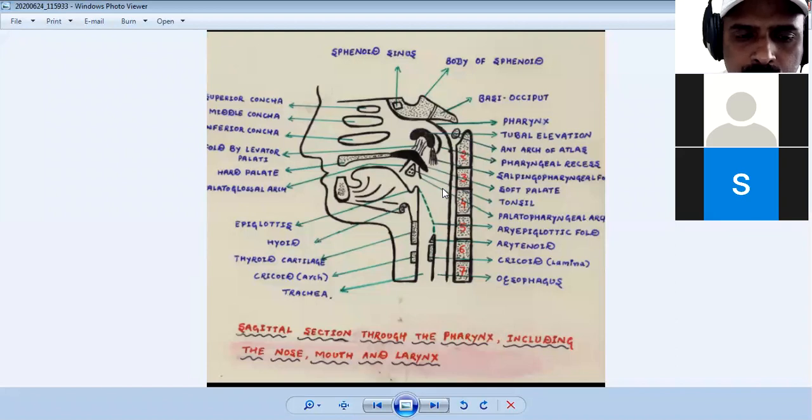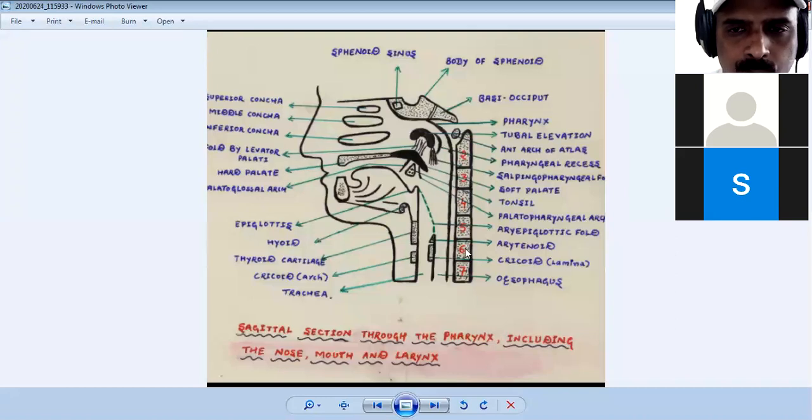But mainly you have to tell the posterior wall of the pharynx, the laryngopharynx, is formed by the fourth and fifth cervical vertebrae, and partly by the lower part of the third and the sixth cervical vertebrae.